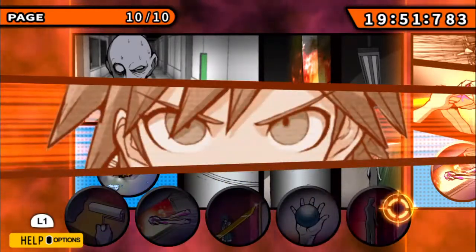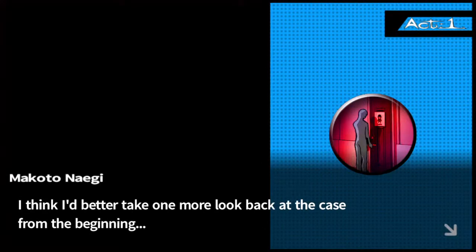Here's exactly what happened. I think I'd better take one more look back at the case from the beginning.